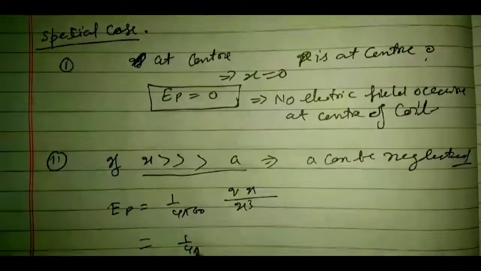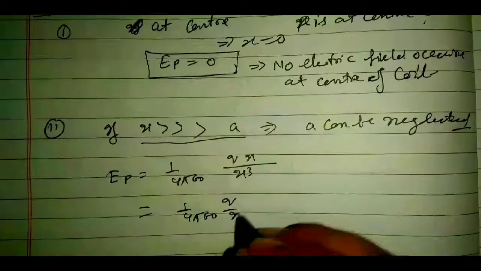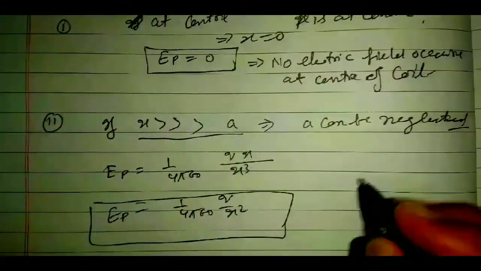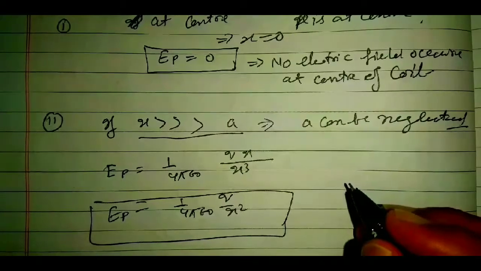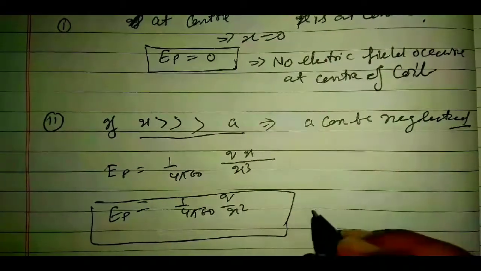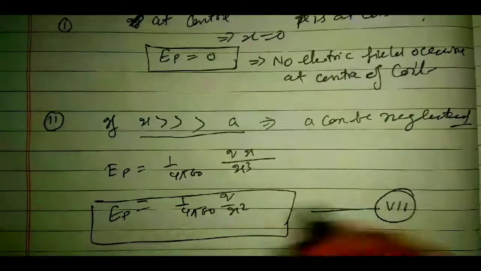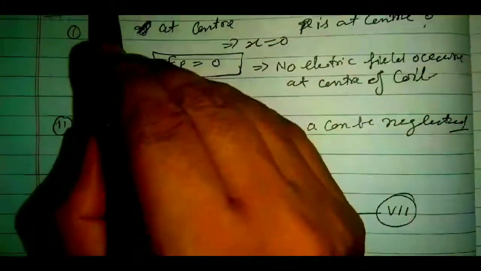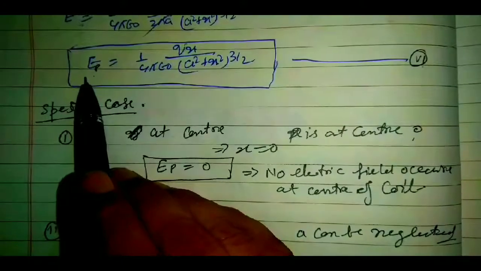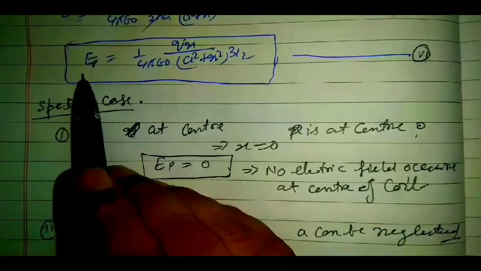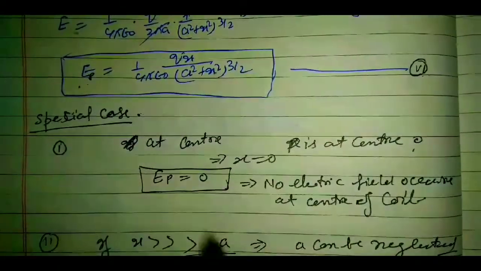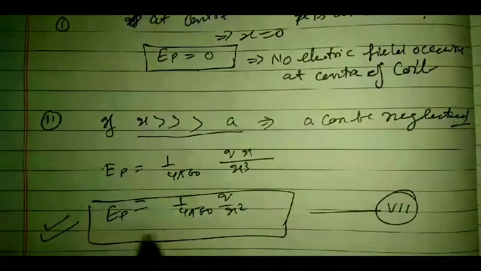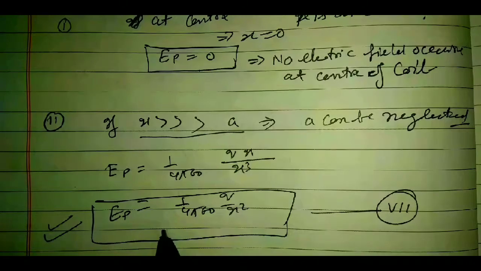So it becomes 1 upon 4 pi epsilon 0, q by x square. E_P is equal to this. If in comparison to the radius of the ring, point P is much away from here, this formula is used. So the general formula is this to calculate the electric field intensity due to the circular charge; at the center there is no field, and much away from there, this formula is utilized.